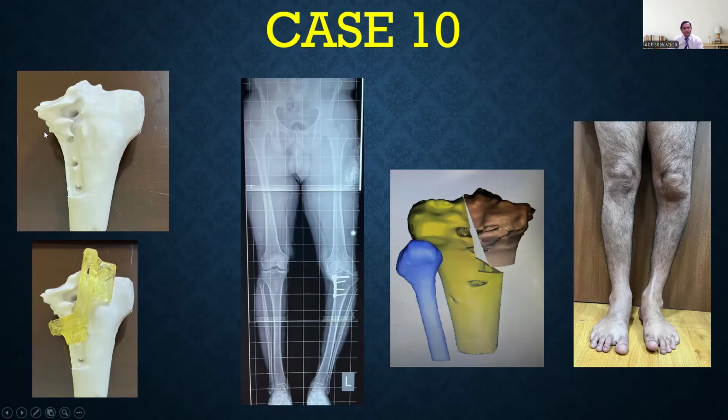You can see that his bone anatomy has been 3D printed using a software and a 3D printer, where we could plan his case and make a jig, so that in the surgery it was easy to just put a jig, make these cuts, correct the deformity, and come out without more blood loss and avoiding extensive time in the surgery.